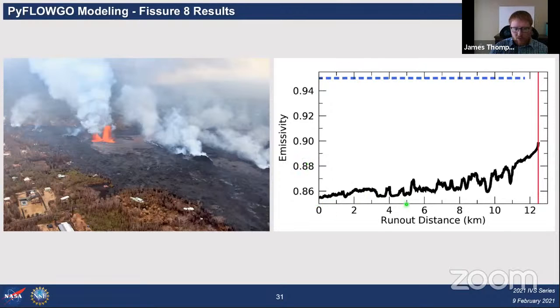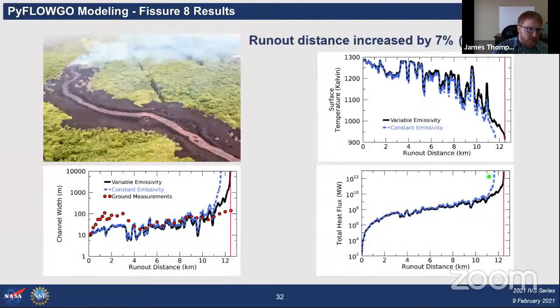Again, we see this fairly strong variability in emissivity with respect to run-out distance, and this changes more dramatically at further run-out distances, typically within the last 20% of the flow. This is likely a result of the fact that we see the greatest amount of cooling and crystallization occurring in this region.